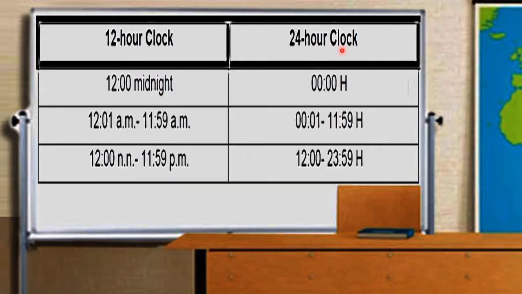Ang equivalent niya sa 24-hour clock is 0001 to 11:59 hours. And we have 12 noon to 11:59 PM. Sa 24-hour clock, yung equivalent niya is 1200 to 23:59 hours.